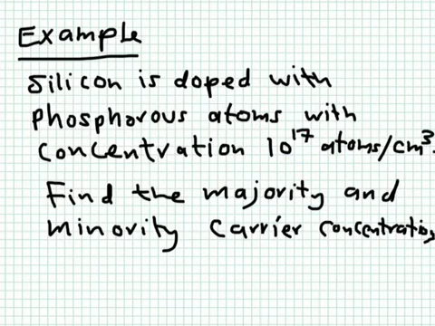And by intrinsic, I mean the electrons available from the silicon atoms themselves. There aren't really many electrons available. This number way exceeds the intrinsic carrier concentration, and this is why the concentration of free electrons, which is the majority carrier, will be 10 to the power 17. How do we get the minority carrier concentration? Well, we use the relationship np equal to ni squared, and this will give us the concentration of the holes that we have in this case.